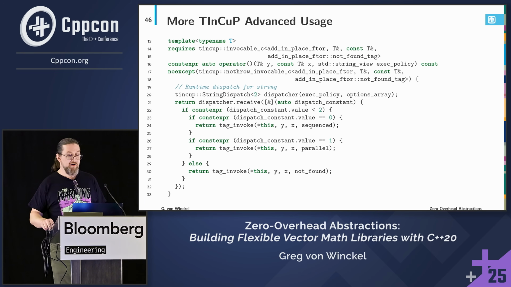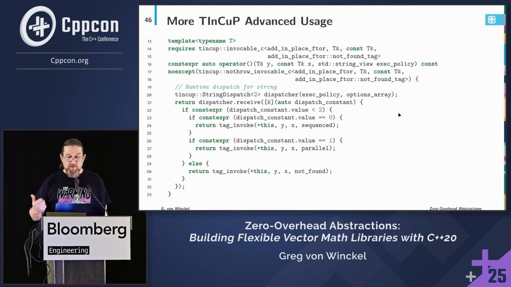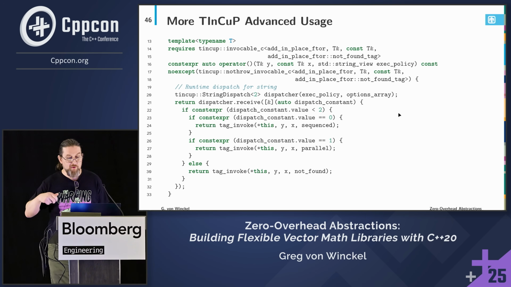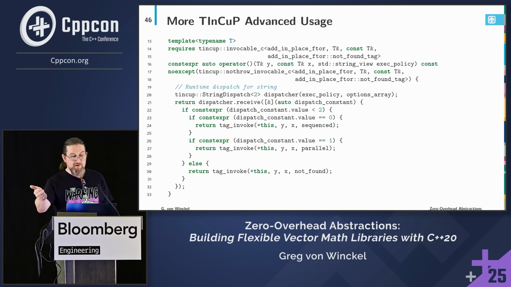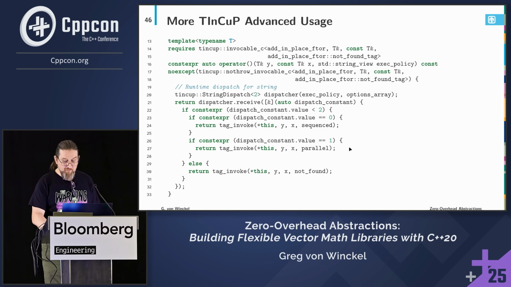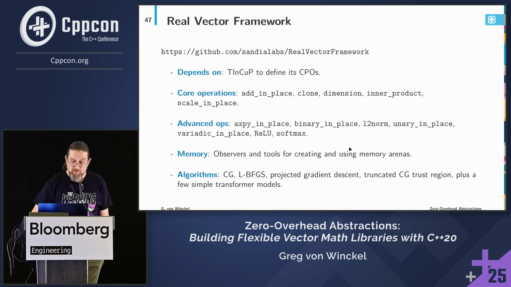You do compile time dispatch, or you could also have it delegate to runtime dispatch, so that for each of these possible values that are known at runtime, it then dispatches to a different instance of tag invoke with these different types present. Okay, and let's skip over that.